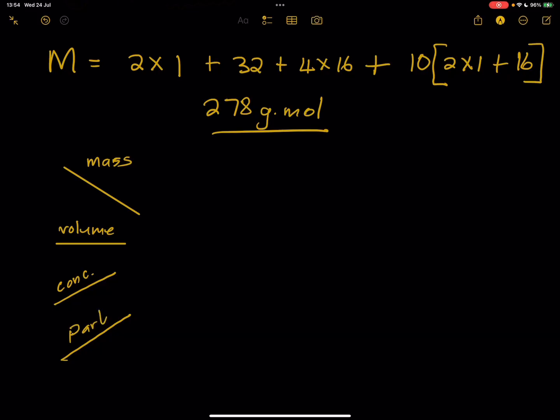Particles would be atoms, as I said, or it could be molecules. So we convert that to moles first. Remember, in chemistry, we always work with moles.